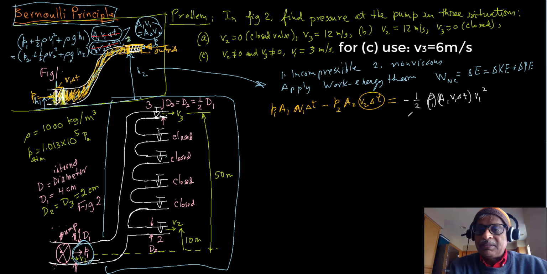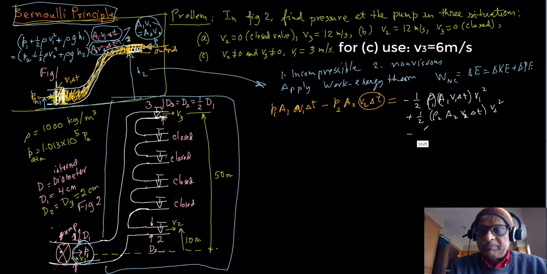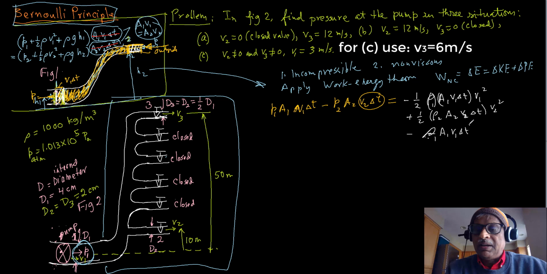The gain of kinetic energy is the same amount, rho 2 A2 V2 delta T times V2 squared. The loss of potential energy will be rho 1 A1 V1 delta T, this is the mass, times g H1, and the gain will be rho 2 A2 V2 delta T times g H2.